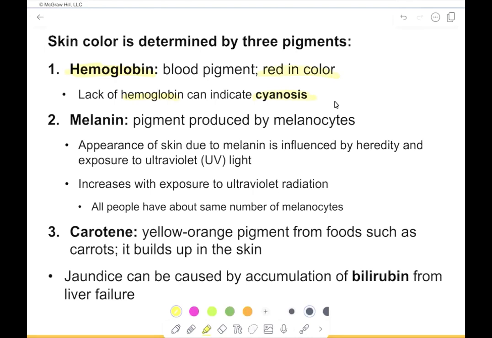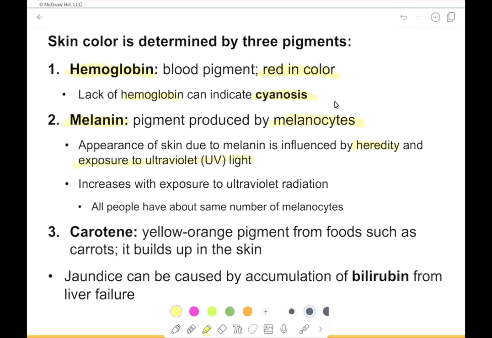The next pigment is due to melanin, and melanin is the pigment produced by melanocytes, which are in the stratum basale. And the purpose of melanin is to sort of block the nucleus where the DNA is. It's influenced by heredity and also exposure to ultraviolet light.